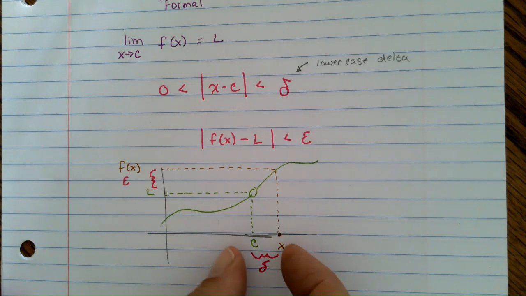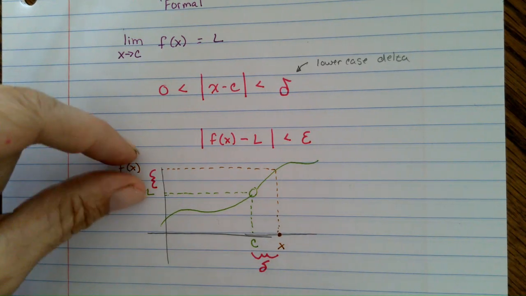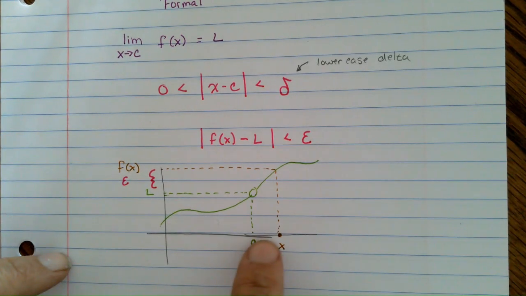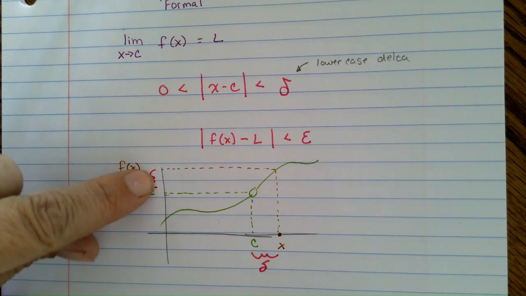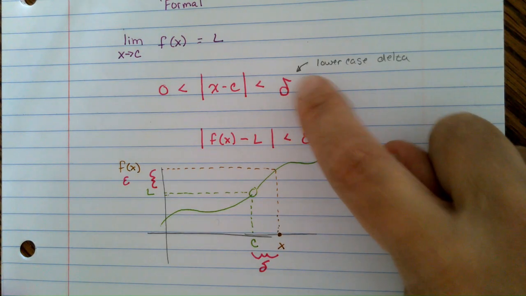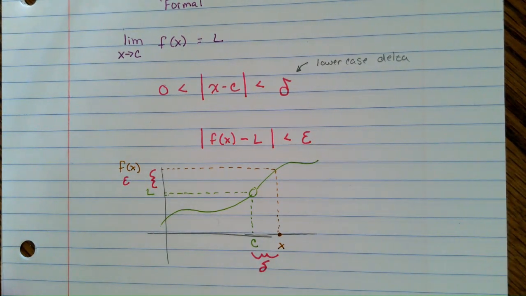If you get your measurement within 1/10 of an inch, your volume is going to be within so much of a cubic inch. Any error created here is going to cause error here. That's what we're saying: if you get within this much space on your x, you'll be within this much space on your y. They're not always going to be the same error, but we can compare delta and epsilon.